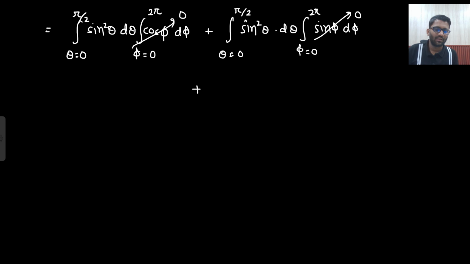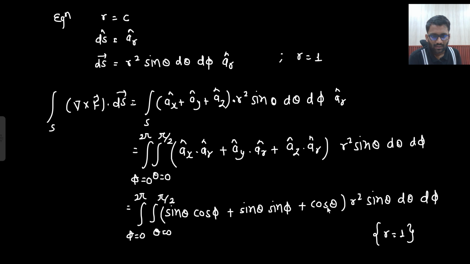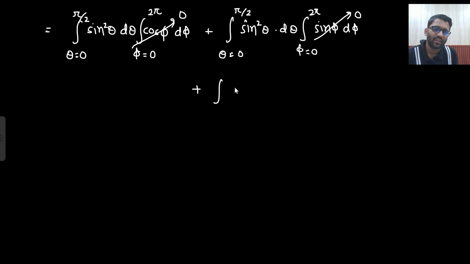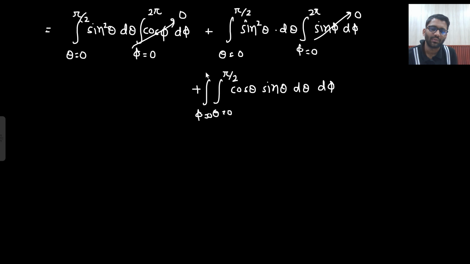Last one. What is the last? Cos theta sin theta d theta d phi. So what are you getting? Limits we will put. Theta is from 0 to pi by 2 and phi is from 0 to 2 pi. So this we will solve now.